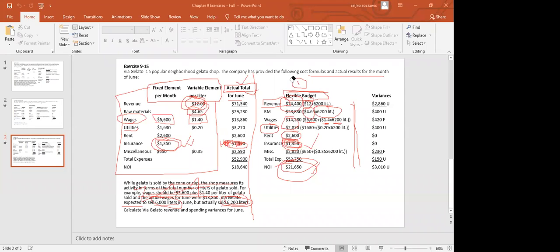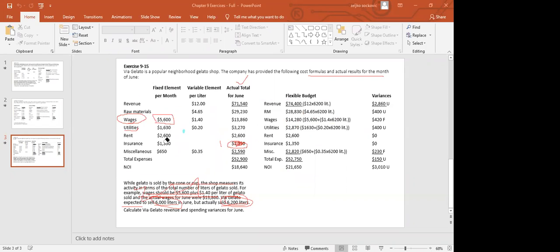So now you get flexible budget amounts, and now you can compare them to actual results and say, okay, at 6,200 liters and $12 per liter, we should have made $74,400. We actually made 71,540.